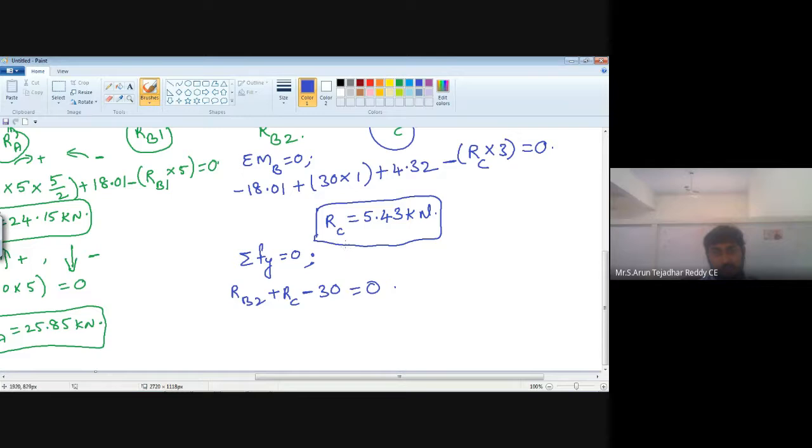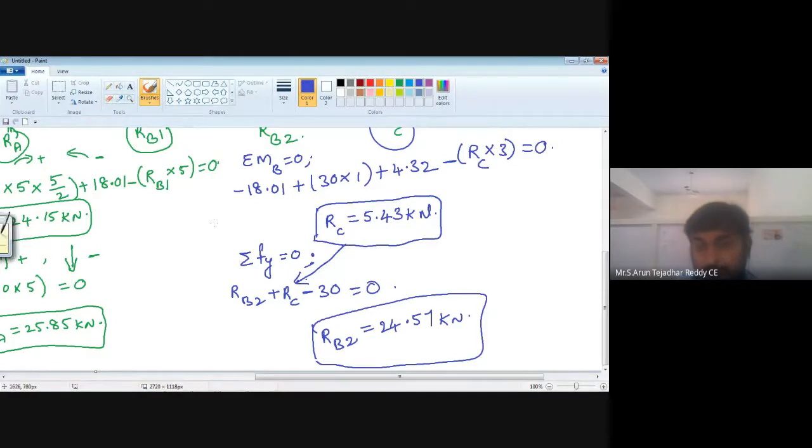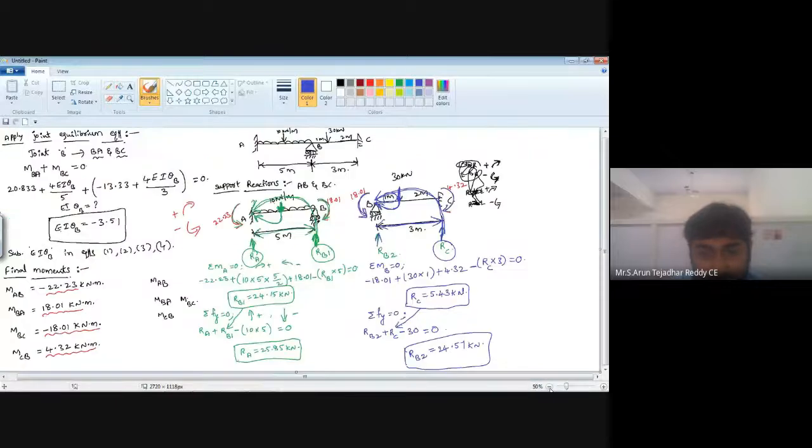Already I know the RC value, so substitute the RC value in this equation, then RB2 is 24.57 kilonewton. All of you take a screenshot up to here.